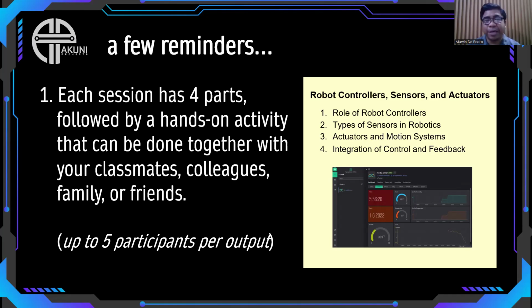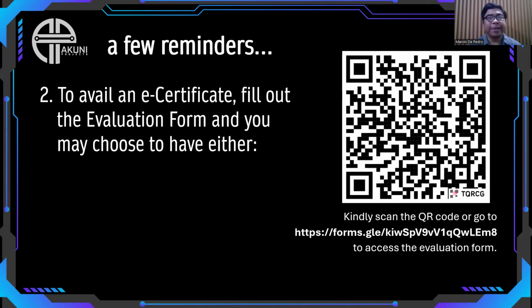Just make sure that only up to five participants can share the same output. So if you are more than five in your group, then you would have to have at least two different outputs. Okay, so I hope that's clear.